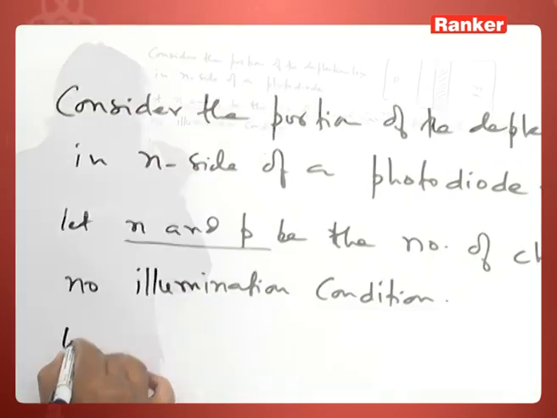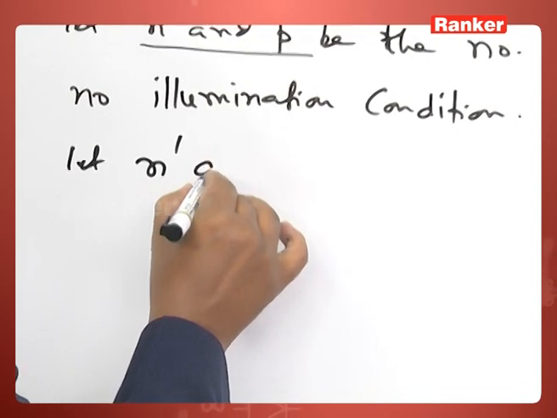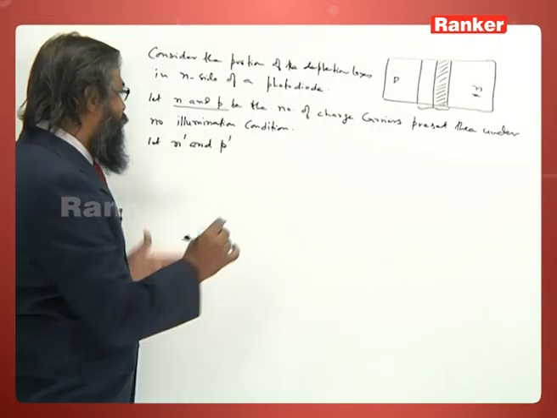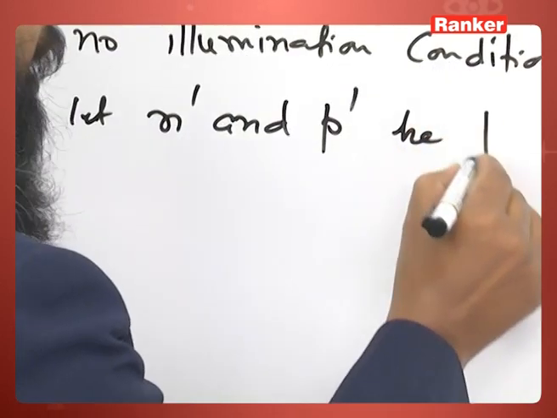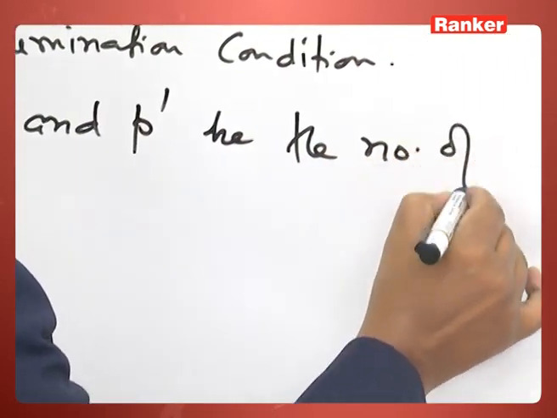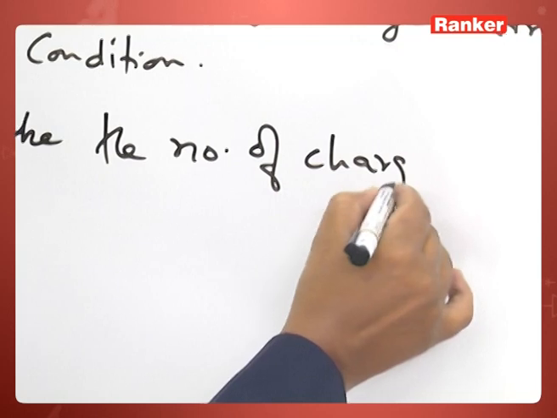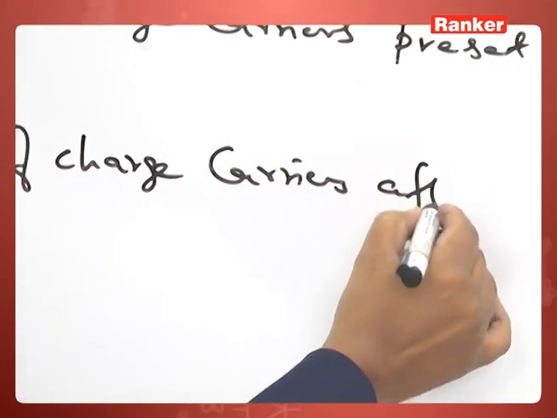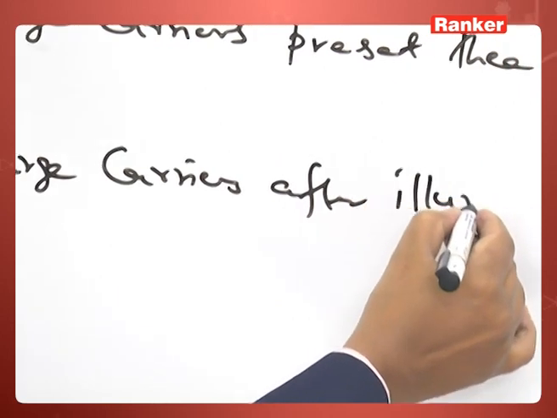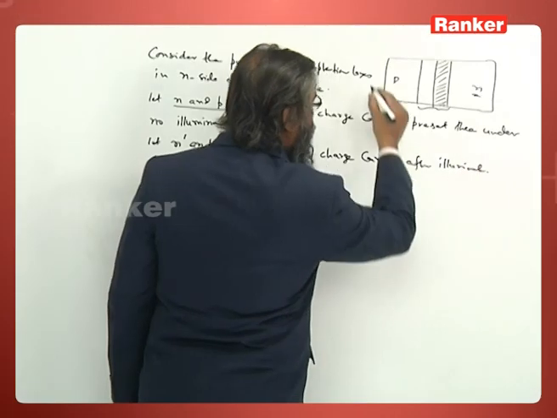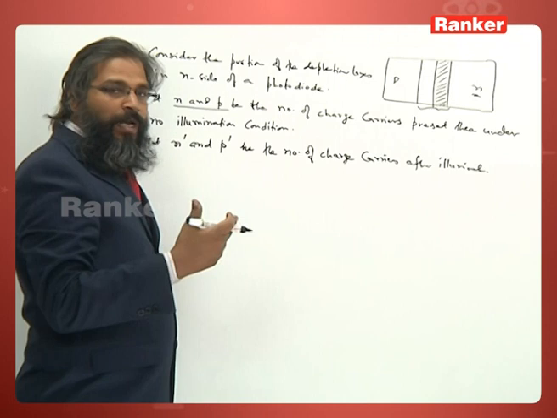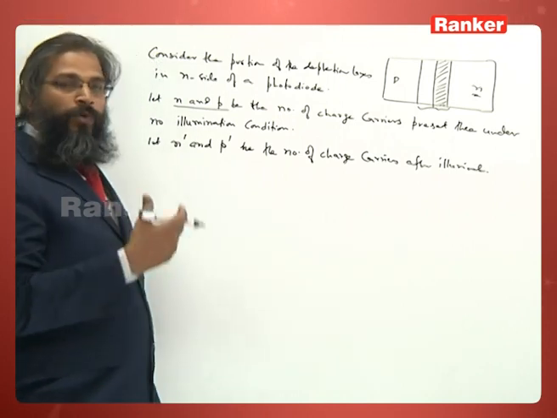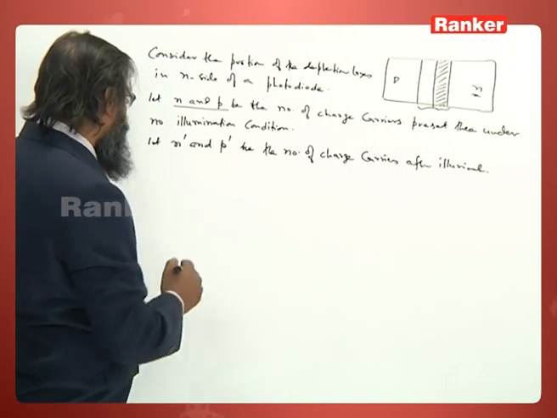Now, let N dash and P dash be the number of charge carriers after illumination. So, when the light falls, then the number of carrier concentration is increased because of more and more carrier creation.